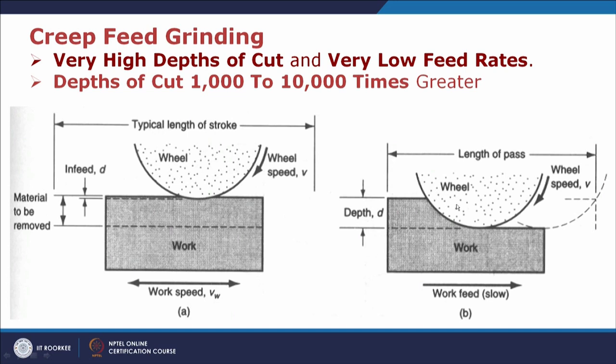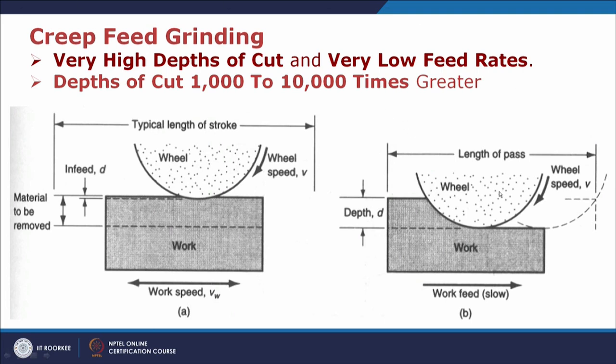On the other hand, for creep feed grinding, the depth of cut is very high, but the feed rate is extremely low, proportionally reduced in line with the increase in depth of cut.